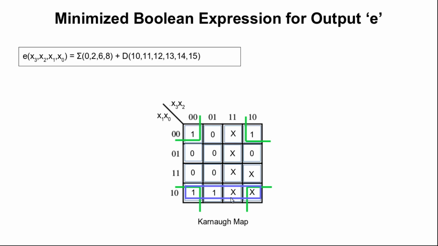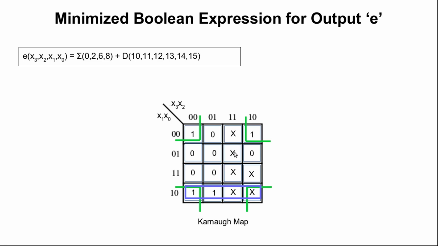So if I consider these two don't care conditions as 1, it will benefit us because I can get a bigger group which will be of size 4. Instead of just a group of size 2, I can make a group of size 4. Whereas there is no point in converting these don't care conditions to 1, because if we convert these don't care conditions to 1, then I need to make a group to cover them.